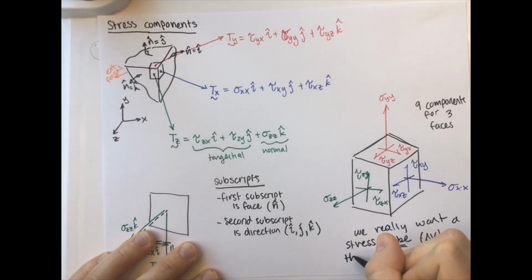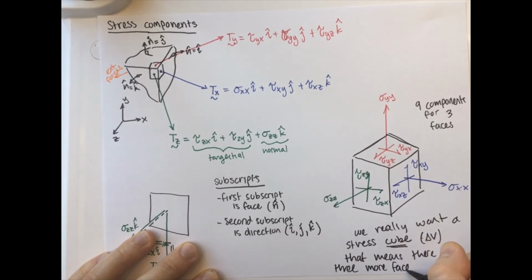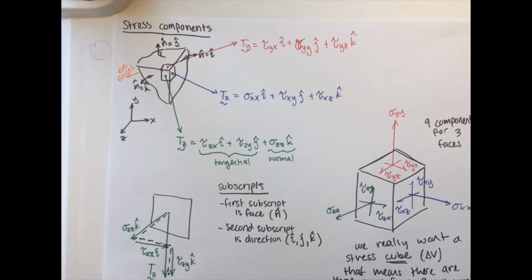And that means there are 3 more faces, which equals 9 more components. So going from our potato all the way down to our cube.